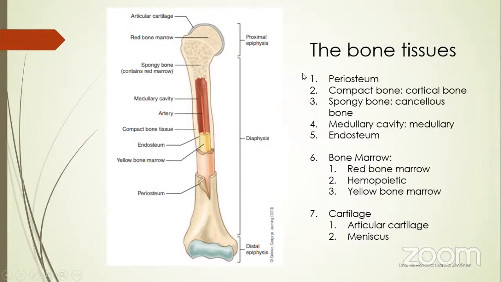Of course, we have these structures: the periosteum, compact bone, cortical bone, the spongy bone, cancellous bone, medullary cavity, endosteum, the bone marrow with red bone marrow, hematopoietic, yellow bone marrow, the cartilage, articular cartilage, and meniscus, right? Check this, read all of this.